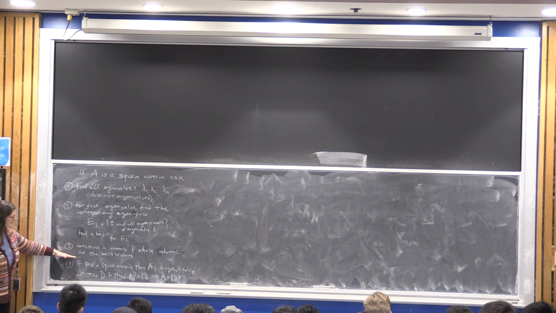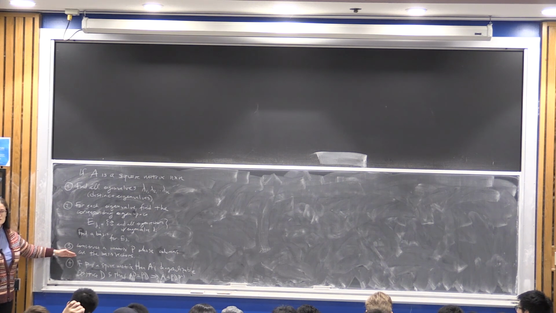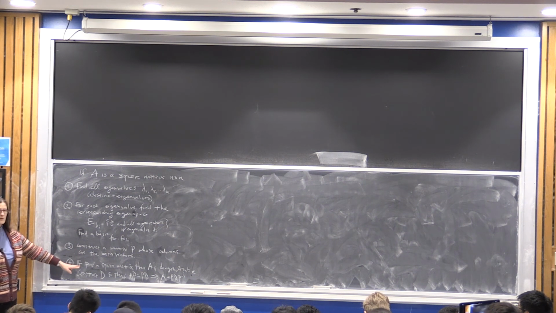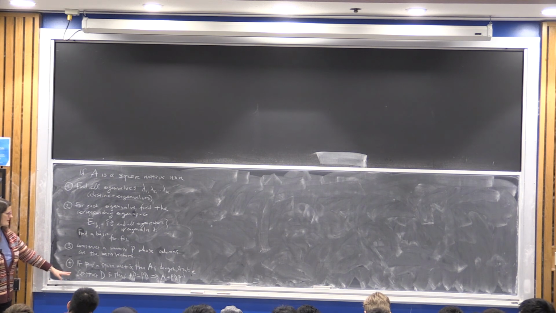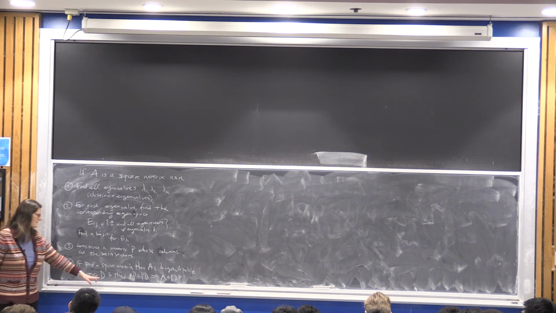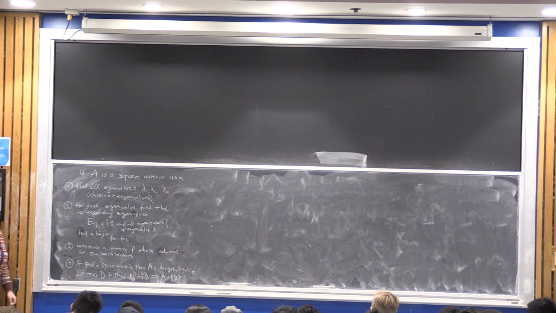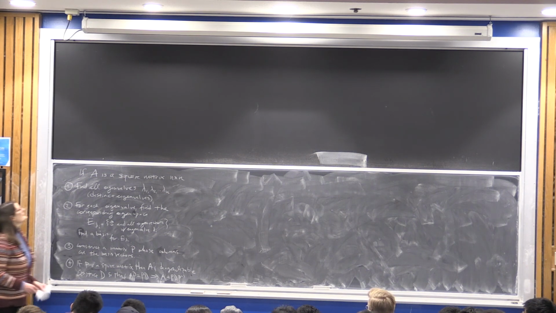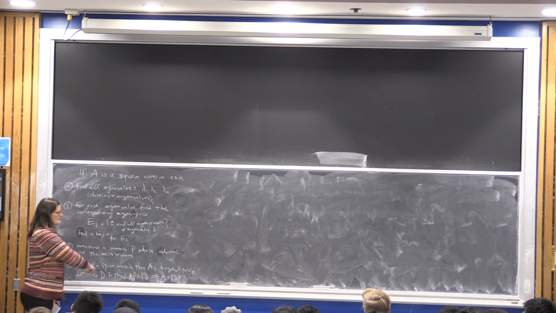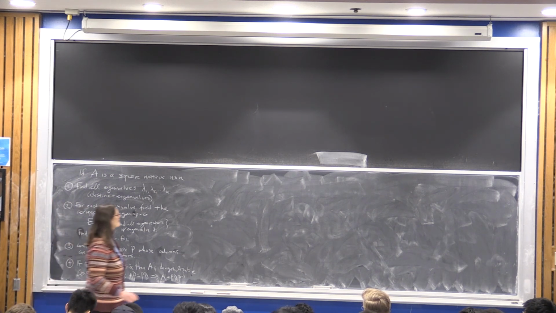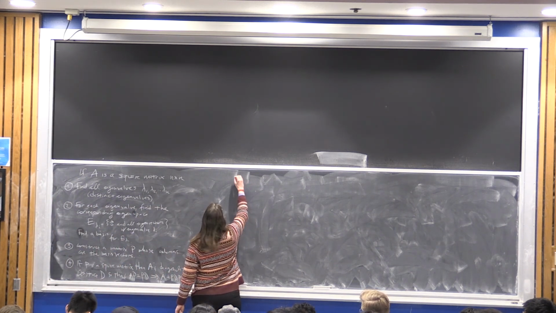So it's at this step that you decide whether a matrix is diagonalizable. If P turns out to be square, then A is diagonalizable, you can construct D so that A times P equals P times D, and you're done. This is the process of diagonalizing a matrix A, if it can be.